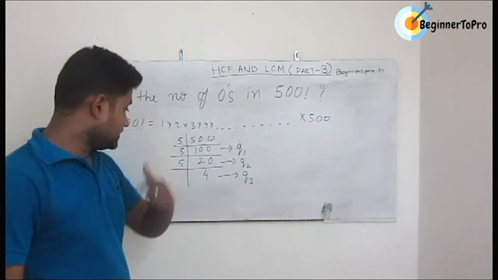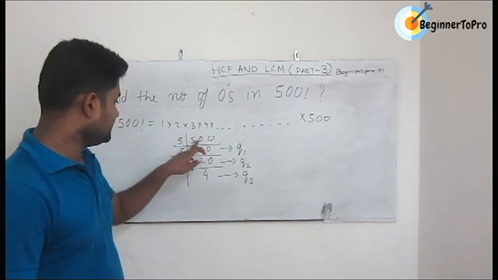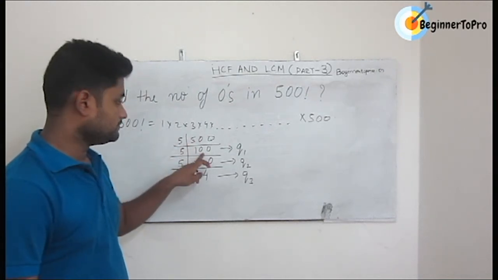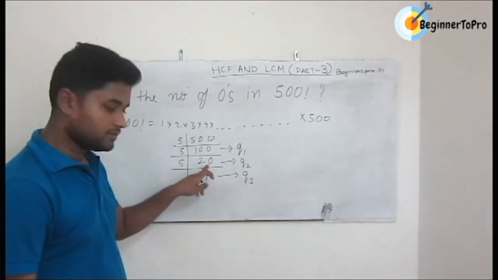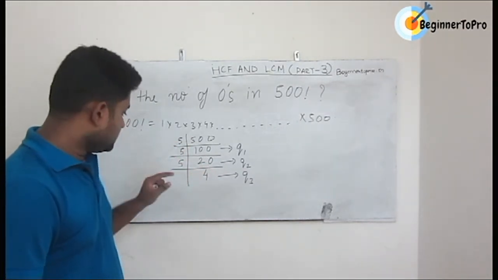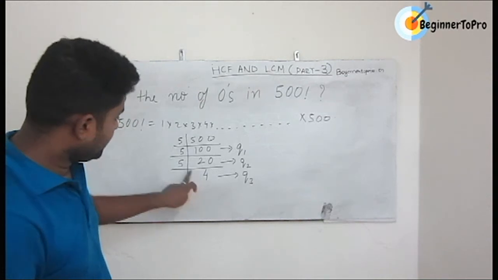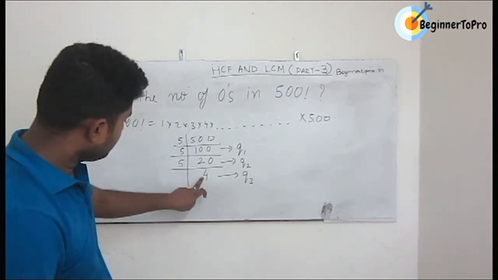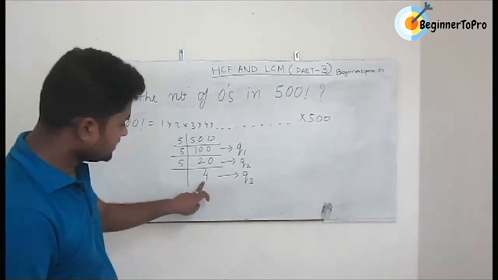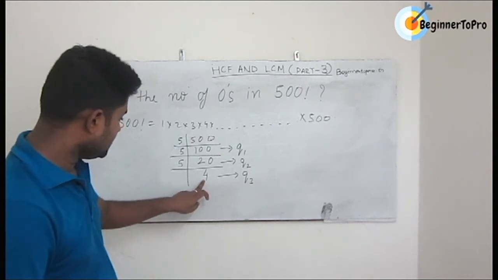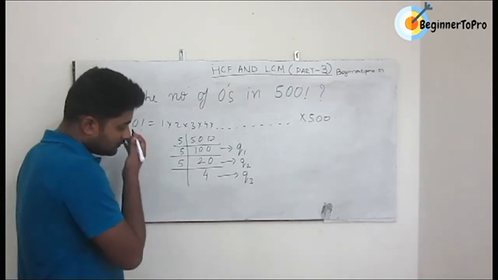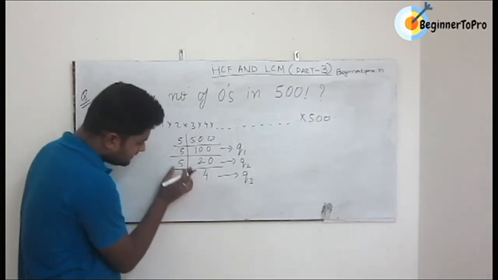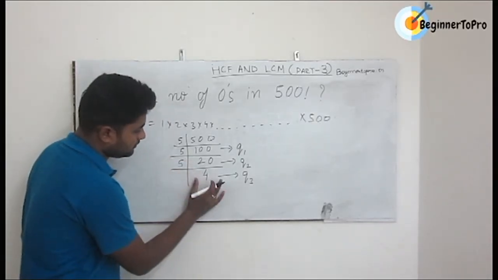So we divide 500 by 5, and whatever quotient we get, we again divide by 5, the same process. But here we cannot divide by 5 because the quotient we are getting here, 4, is less than 5. Whenever we get a quotient less than 5, we stop there.